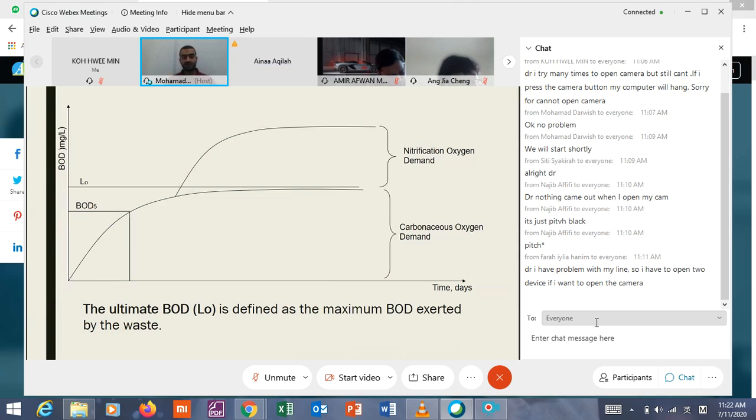One might ask, why don't we wait for 10 days or for 20 days? We might have more nitrogenous oxygen demand in addition to the carbonaceous oxygen demand, because after that the curve is not stable, the curve is not constant. So you cannot have a certain indication about the BOD result.